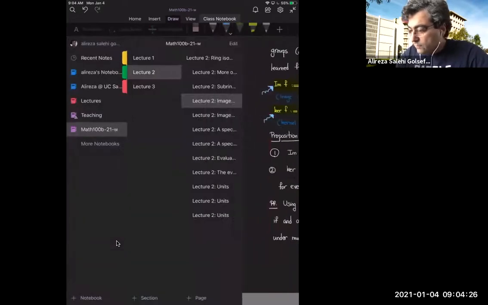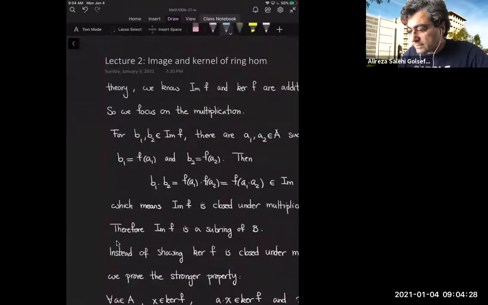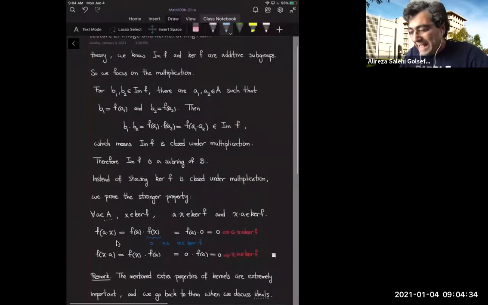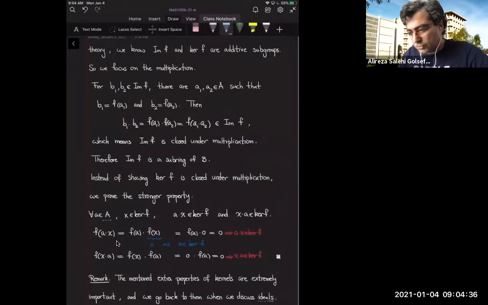So we only need to focus on proving that the image of f is closed under multiplication, and the stronger property for the kernel of f.